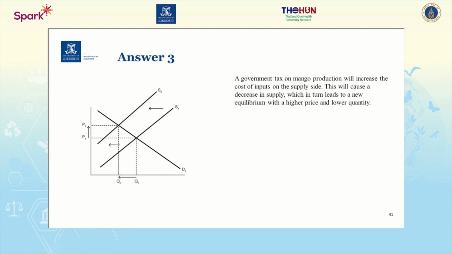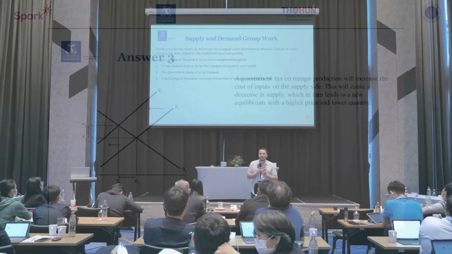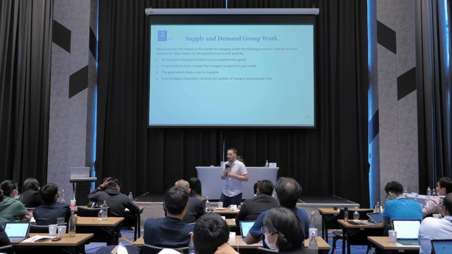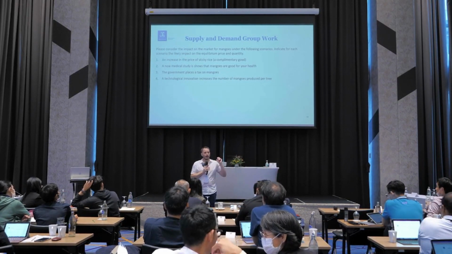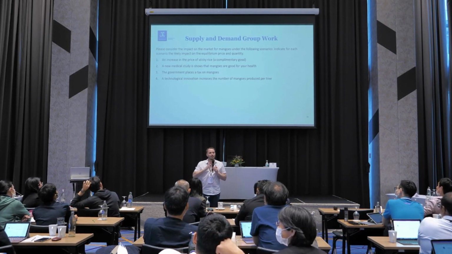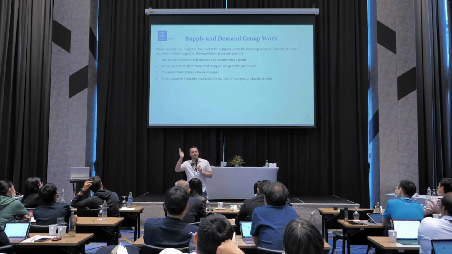Okay, in our final example, there's a new technology that helps you produce more mangoes per tree. Is that going to impact the supply or the demand in the market for mangoes? Supply. Is it going to increase or decrease? Increase, right? Okay, so now what happens to the quantity produced in the market? The equilibrium quantity, if we imagine that supply curve shifting to the right.